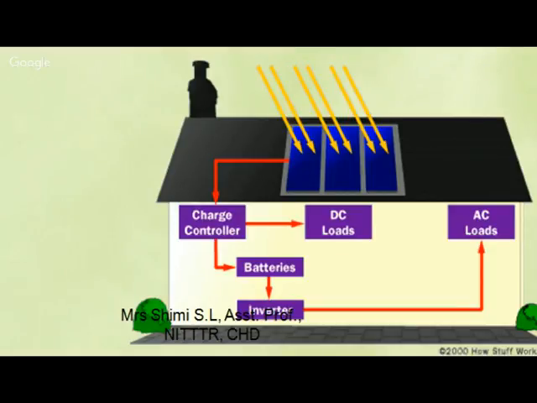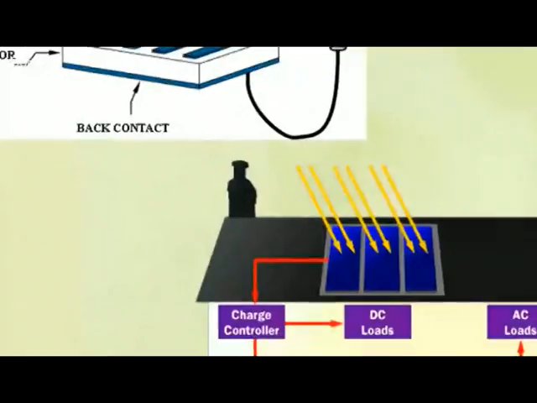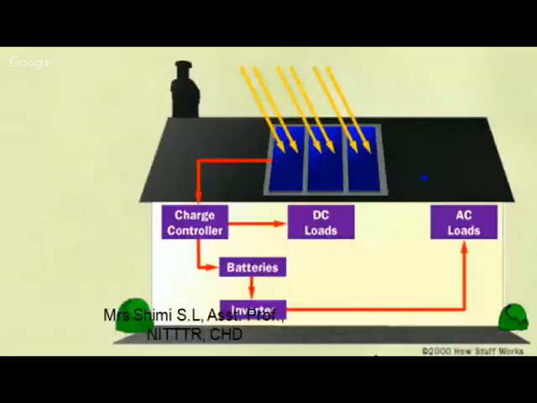So in this case, let us take the PV panel to be around 37 watts, with around 17 volts output voltage, and our battery is around 12 volts. Here we require which converter? A buck converter.